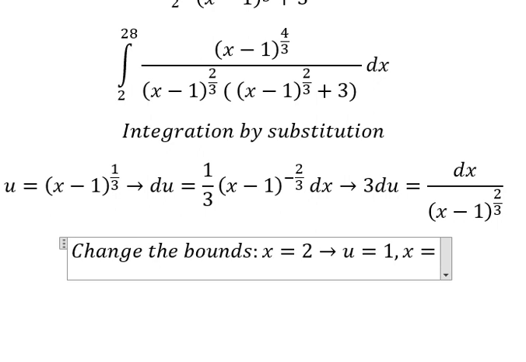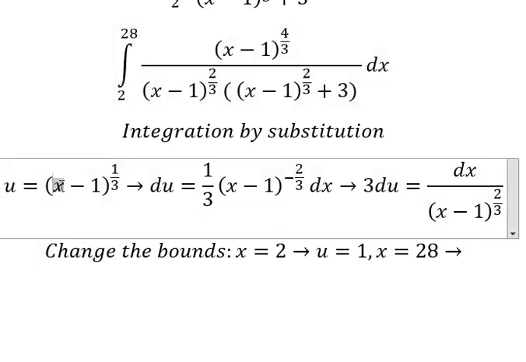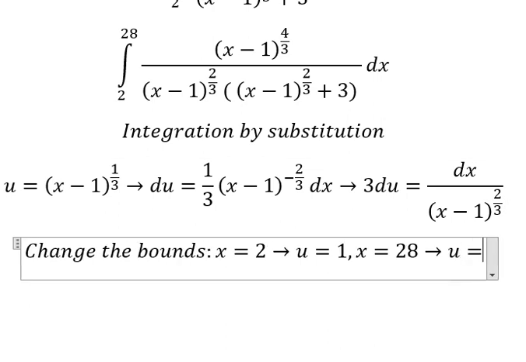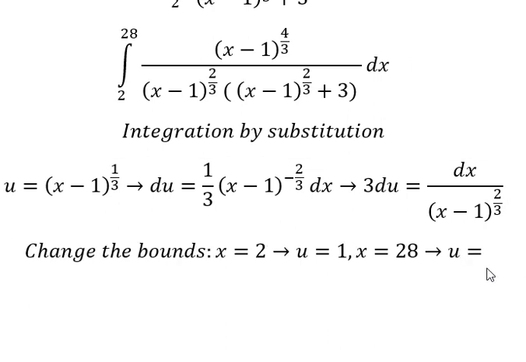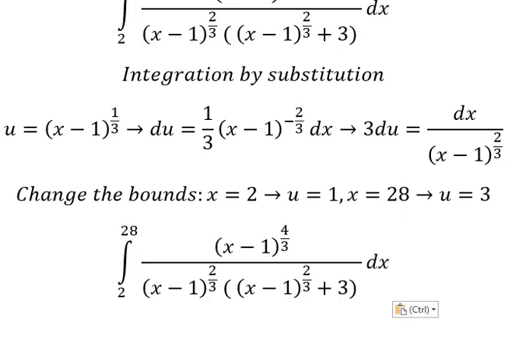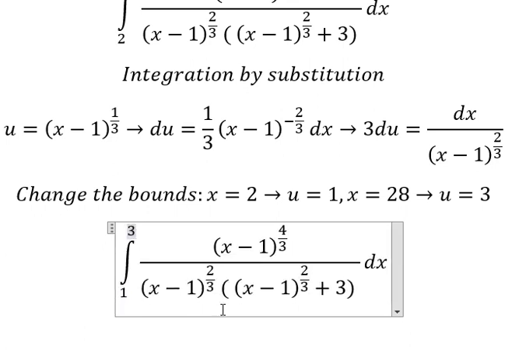When x equals 28, we put 28 here, and we have u equals 3. So 2 we change to 1, and 28 we change to 3.